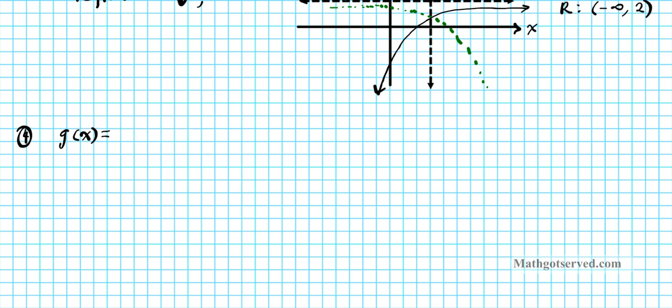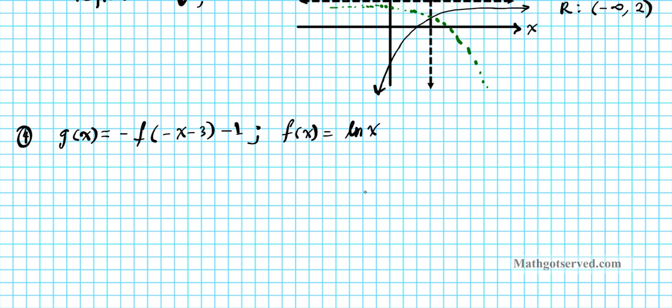Let g of x be negative f of negative x minus 3 minus 1, when the parent function f of x is your natural logarithmic function ln x. Okay?